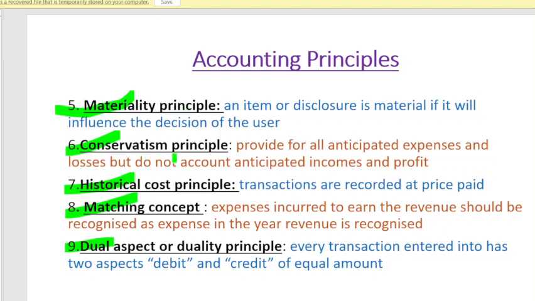Then conservatism principle. Conservatism says never expect that business is always going to give you profit. Conservatism says always go for plan B, if in case my business gets into any kind of loss, any kind of contingency happens.